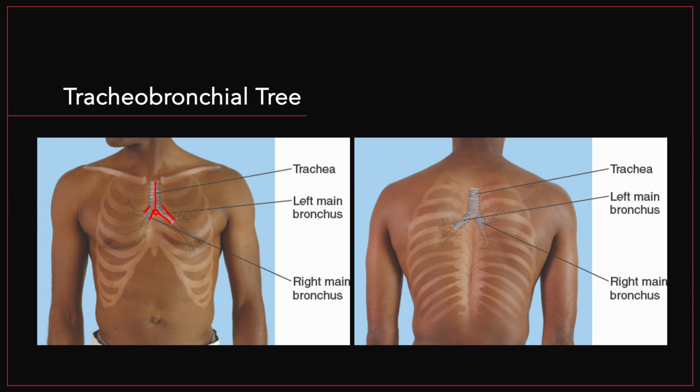So this leads to less aspiration in the left lung, and this right lower lobe is just like a chute straight down into it. When we think about aspiration events, usually you see that right lower lobe and this right side just get affected much more than your left side.